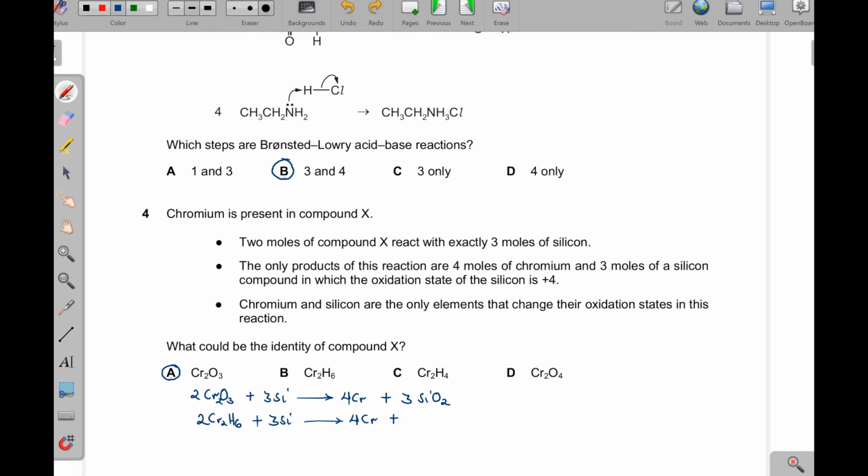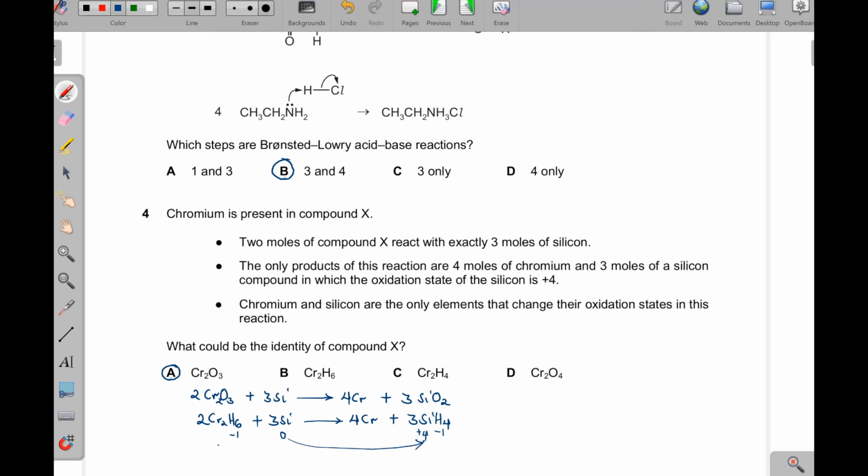I would have written, let's say these are 3 moles of silicon tetrahydride, because silicon has to be with this 4 here. Okay, the oxidation state. Now, in here, the oxidation state of hydrogen is -1, and also here still -1. Then silicon here is 0, and then the oxidation state here is +4, so that means silicon has been oxidized. You get it?